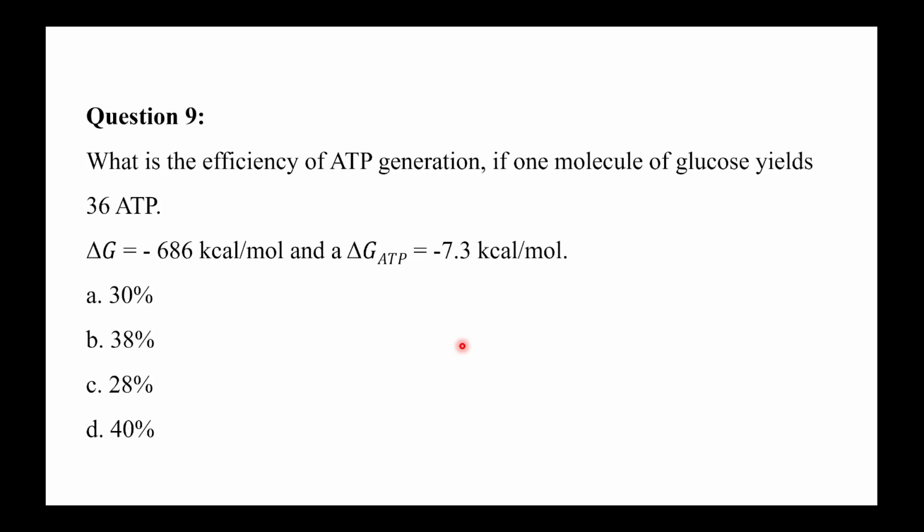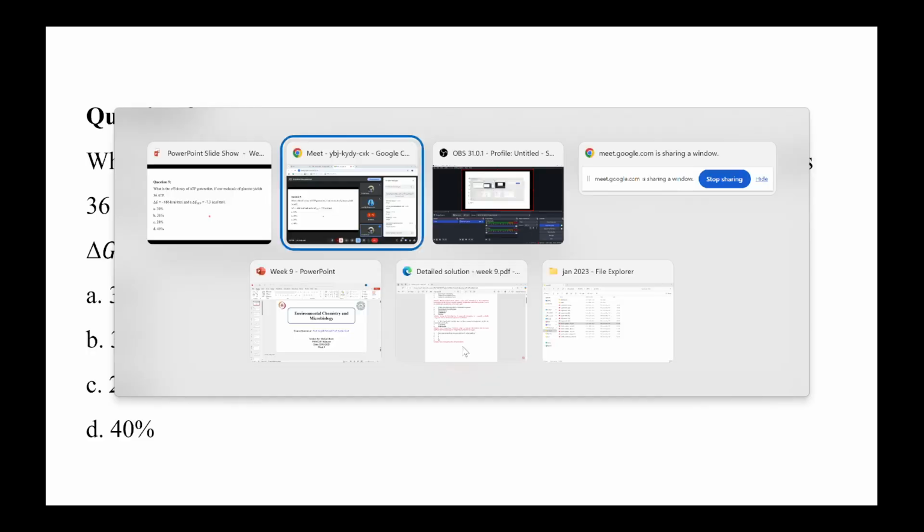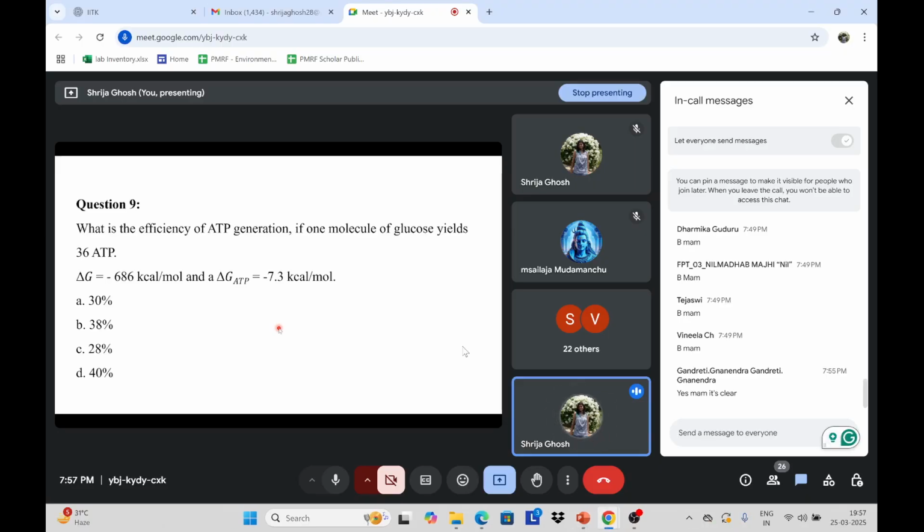So for 36 ATP, you can calculate that. And then you will get the delta G of ATP. And you have the total free energy value as 686. So you have to calculate the percentage of the free energy of ATP. Do the calculation. Try to do the calculation.